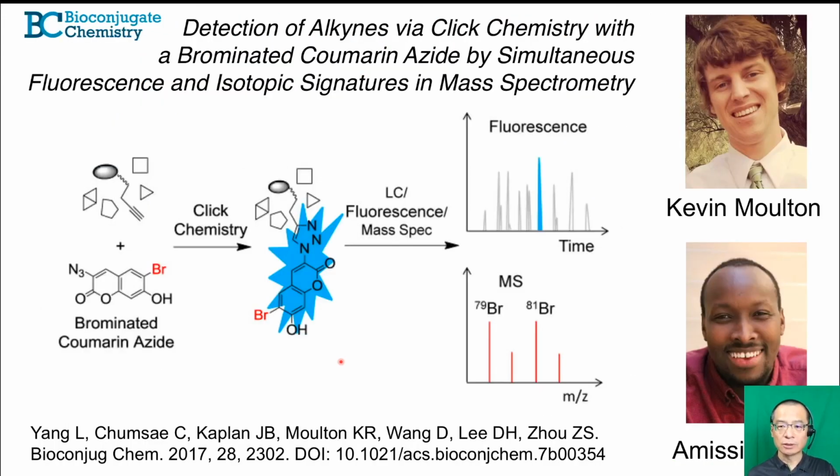So we also developed a workflow to look at bioconjugation and characterization method, and as shown over here we use a brominated fluorogenic probe, so we're able to detect all the bioconjugation products by fluorescence and mass spec.